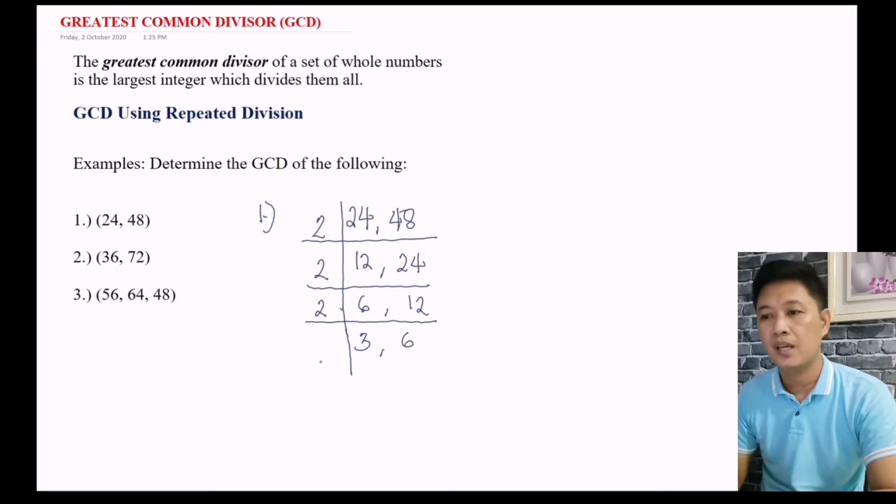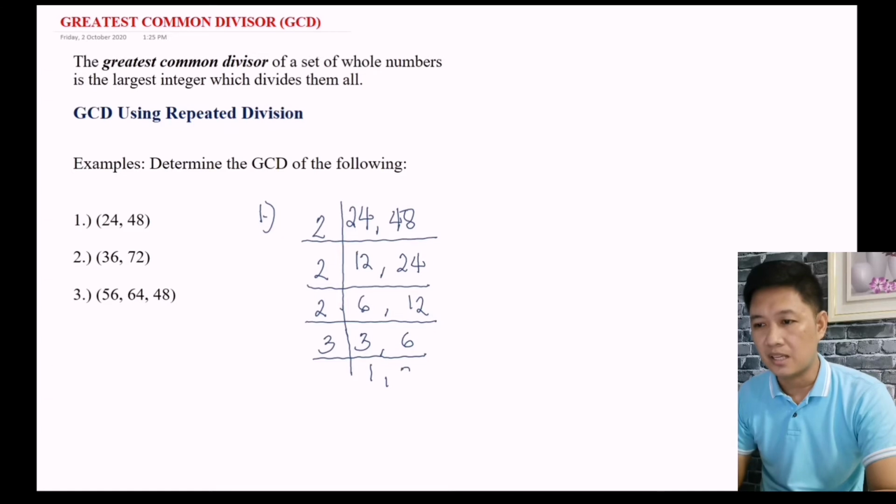Now, ang tanong, is there a common factor between 3 and 6? Yes. Yun ay 3. So, pwede natin i-divide si 3 at 6 sa 3. 3 divided by 3 is 1 and 6 divided by 3 is 2.